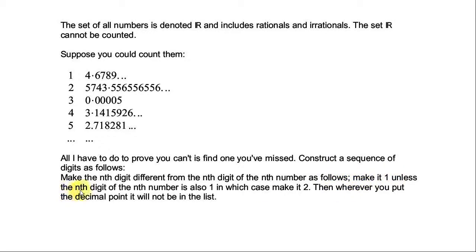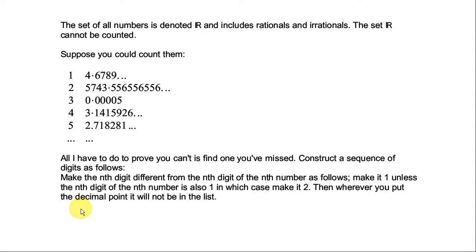Make it 1, unless the nth digit of the nth number is also 1, in which case you make it 2. So if you go down this list, for instance, you start with 1, 1, 1, and then because this is 1, you make that 2, and then 1, and so on, all the way down.